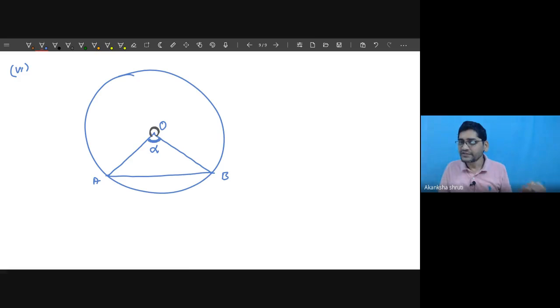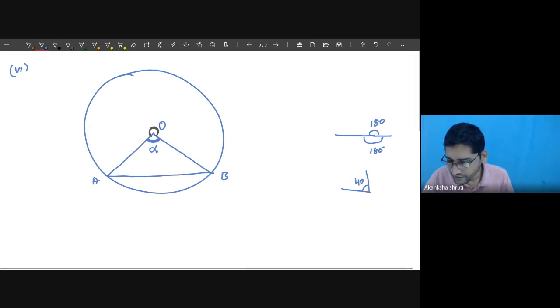Then what is this? Student, I am asking you a very simple thing: if we consider a point, if this angle is 180 degrees, what is this angle? Also 180 degrees. If you have one angle as theta, or say let us consider this as 40 degrees, what is this outer angle or reflex angle?